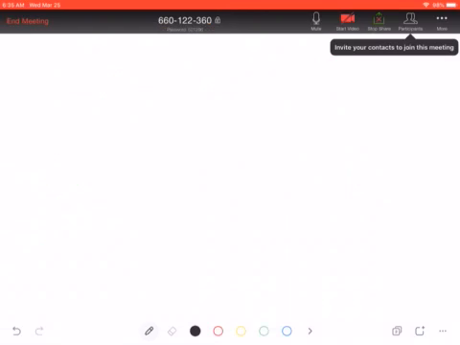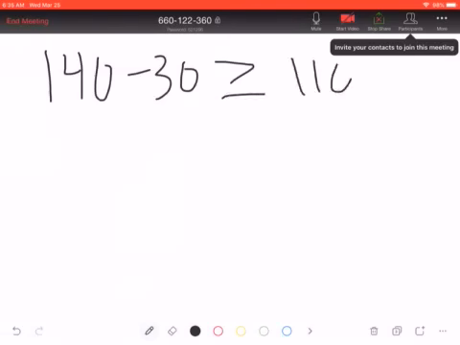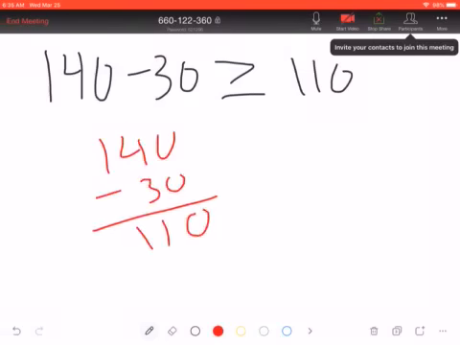Okay, so we'll keep going. Okay, we got to test all of them. So next we're going to try 140. So we'll plug in for this time 140 minus 30 greater than or equal to 110. So again, we'll test that. Go 140 minus 30, and that gives us 110.